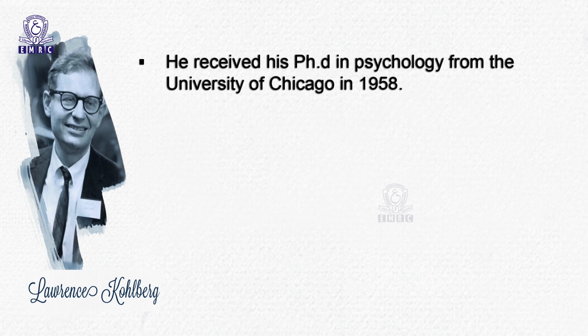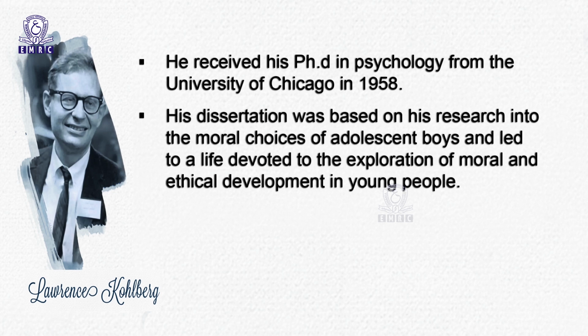He received his PhD in psychology from the University of Chicago in the year 1958. His dissertation was based on his research into the moral choices of adolescent boys and led to a life devoted to the exploration of moral and ethical development in young people.